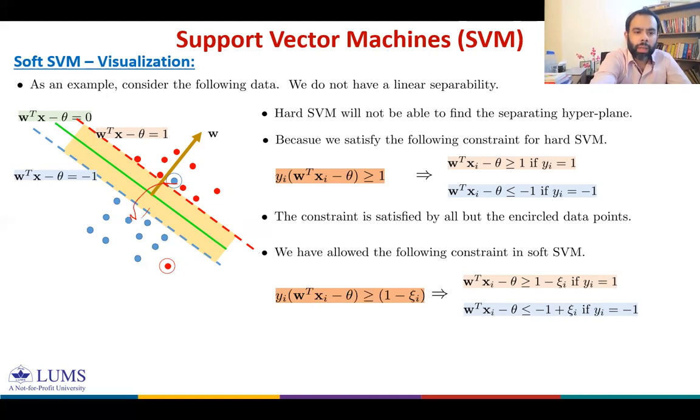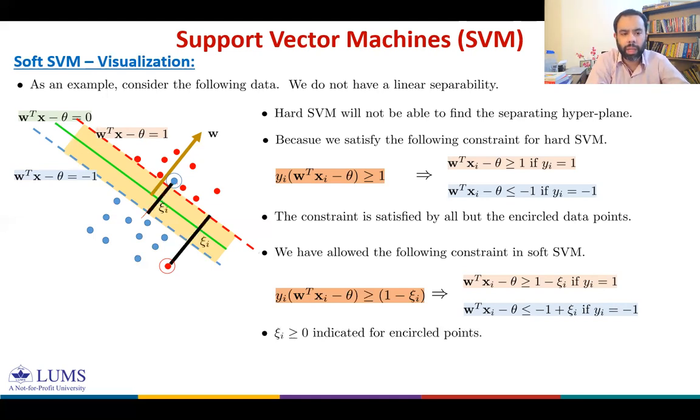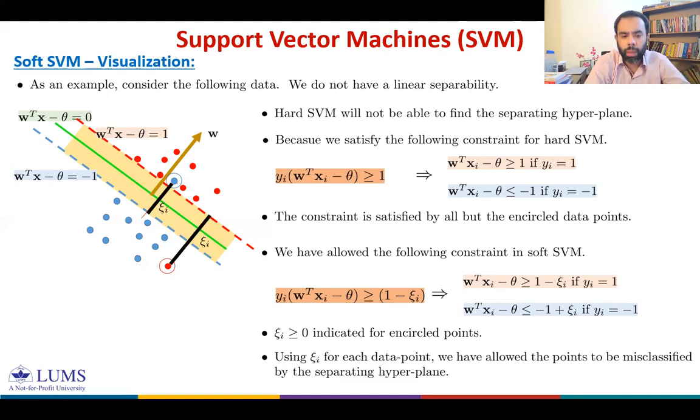Or we can say psi is the distance of these points from the respective boundaries. These are the psi. So we have indicated for certain points the distance for the red point, distance from the respective boundary, and so on and so forth. So using different psi for each data point, we have allowed the points to be misclassified by the separating hyperplane.